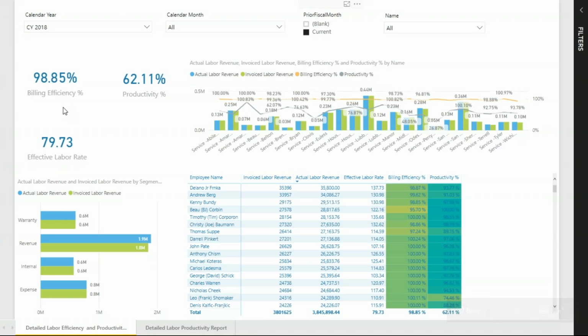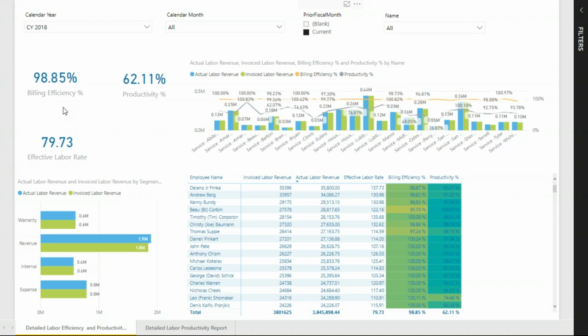Billing efficiency is essentially this: if you have a job worth $1,000 and you promise that to the customer and flat rated it for $1,000, and it turned out the actual revenue would have been $1,200 had you not flat rated it, that ratio is what this is. If you're in your 90s, you're fine, but if you're going lower, then somebody is flat rating.